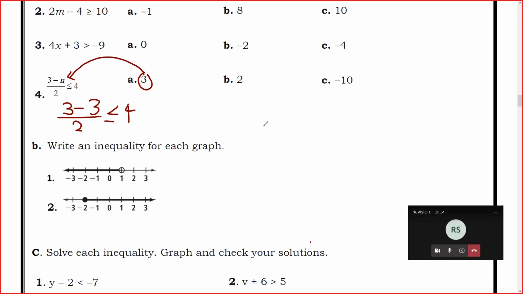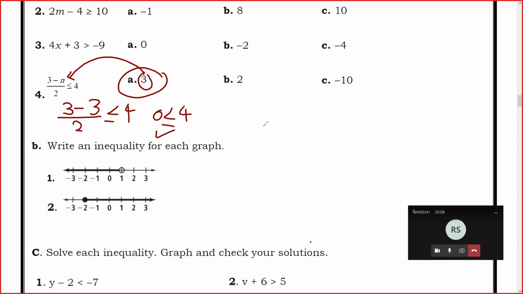Is it right, Rama? Then 3 minus 3, 0 over 2, 0. Now, is 0 less than or equal to 4? Yes. So A will be one of the solutions.